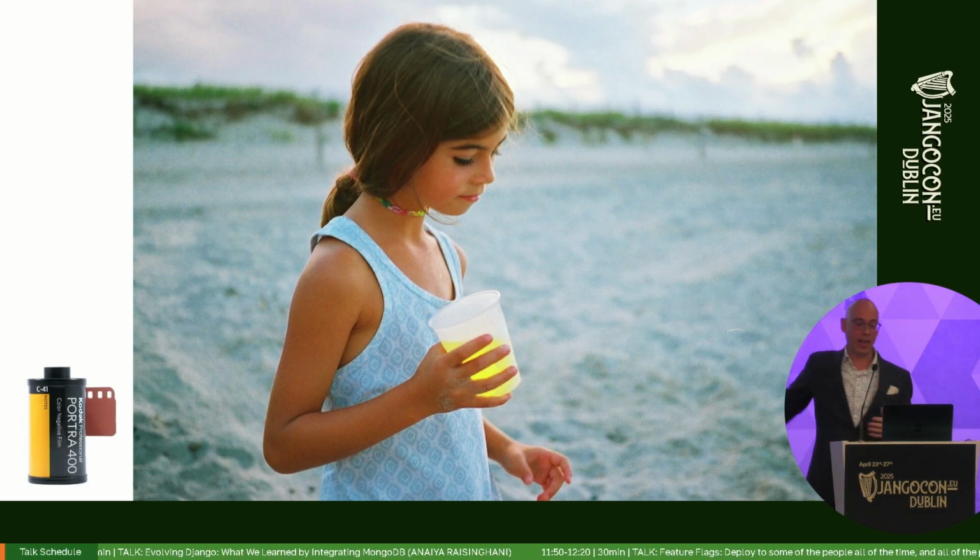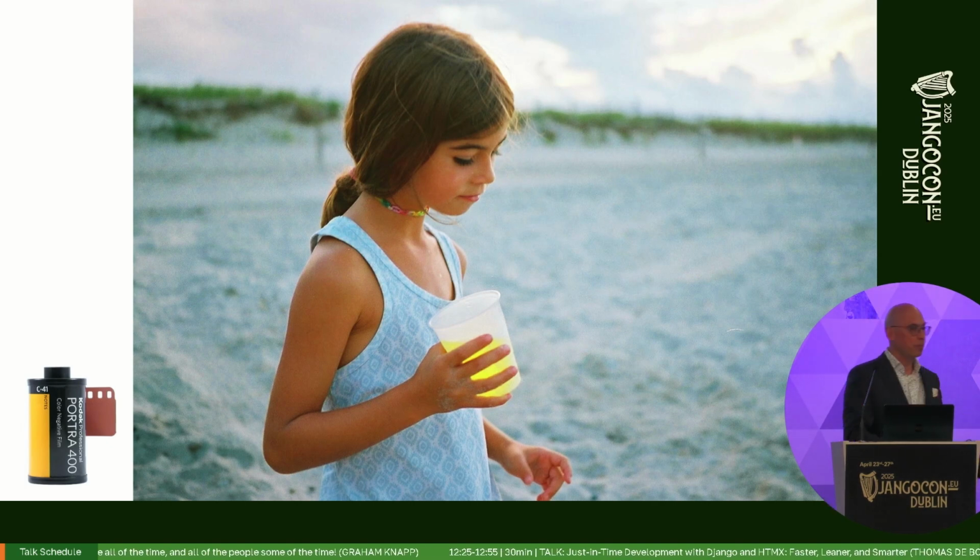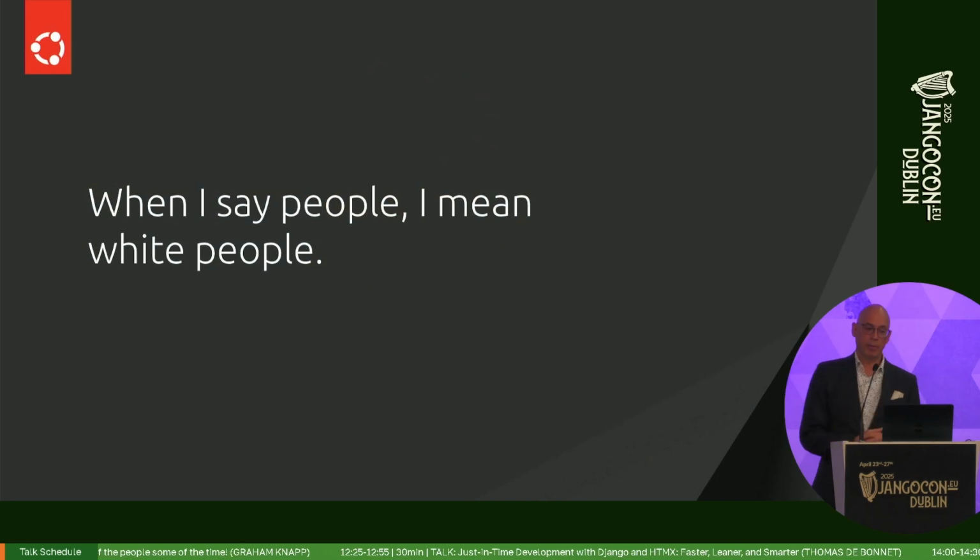At the other end of the price range is Kodak Portra, which has a fine grain structure, and it's superbly balanced with well-modulated contrast, and it produces these beautiful, natural skin tones. So it's perfect for photographing people. And when I say people, I mean white people.